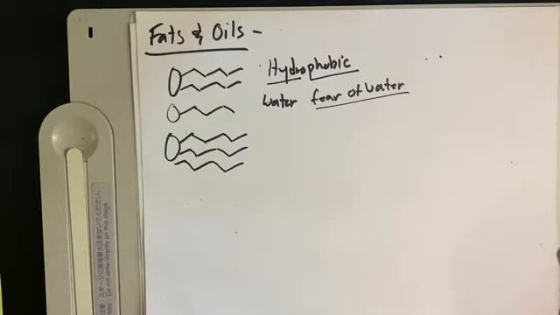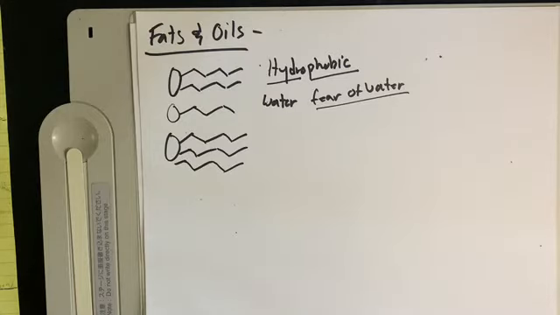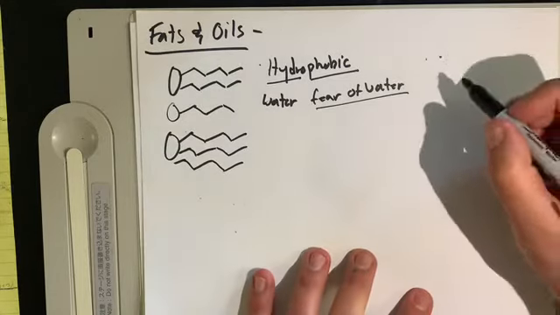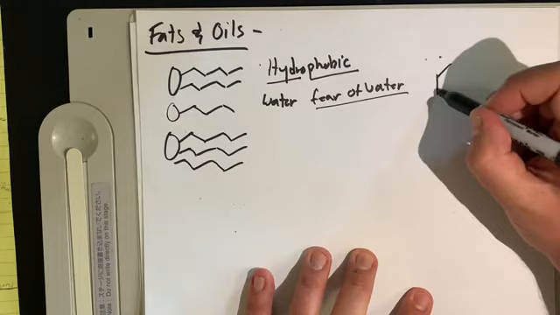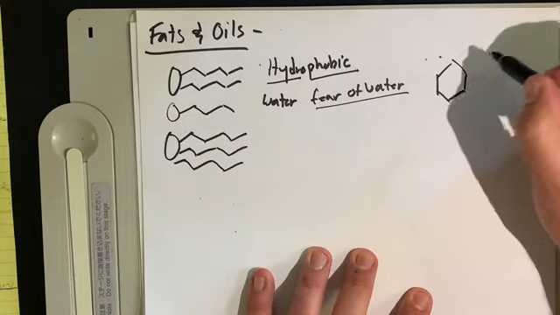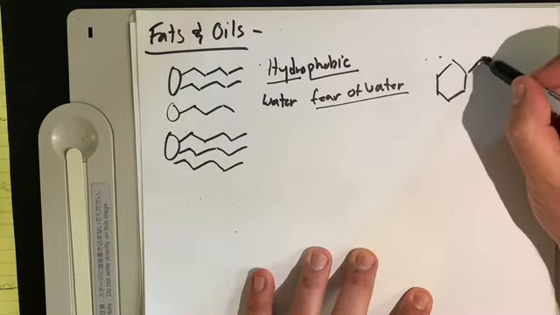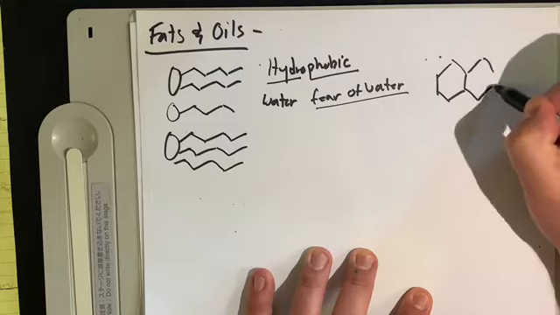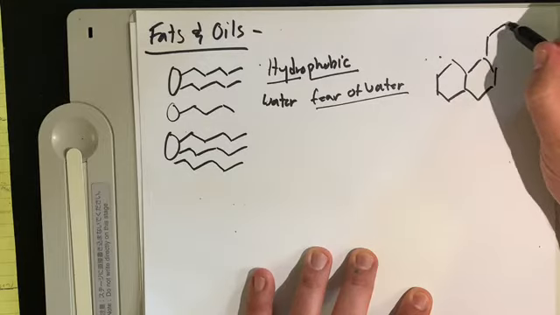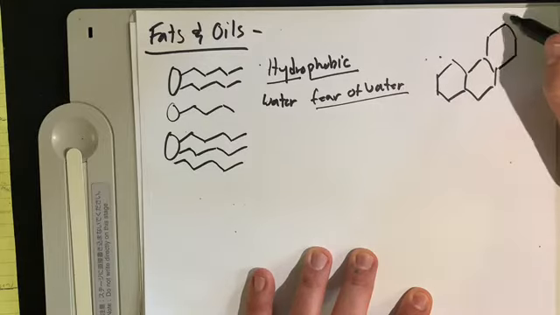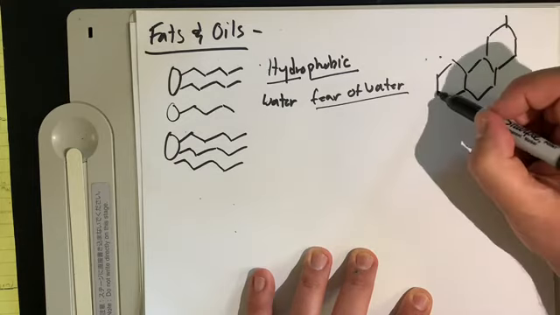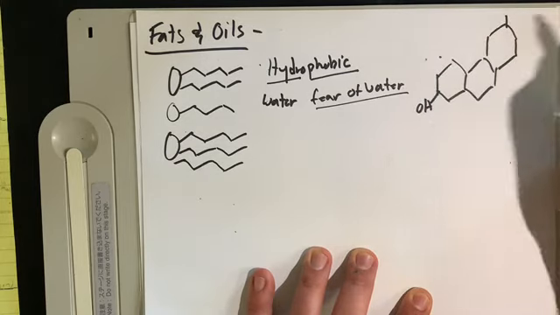And another part of our fats and oils are things called hormones. Now, hormones are very big. They often look something like this.